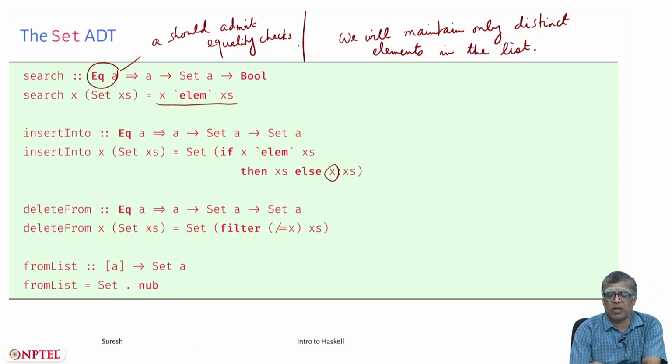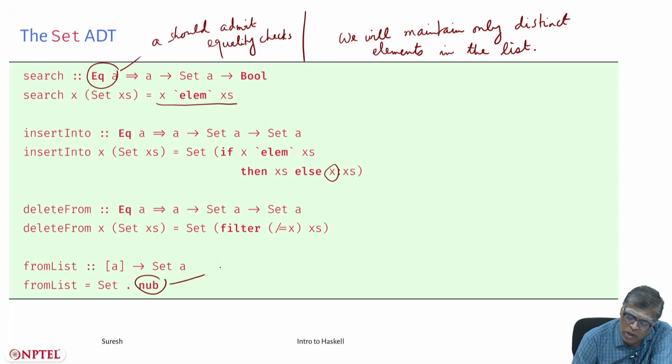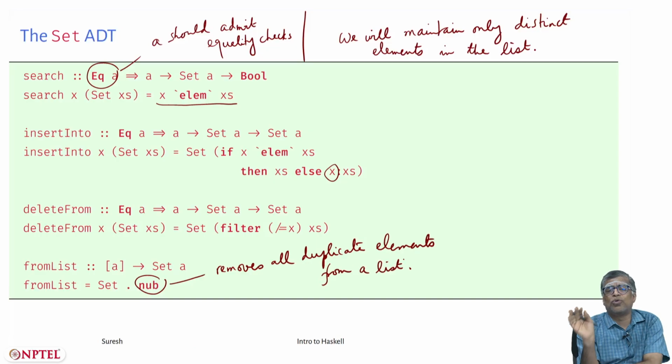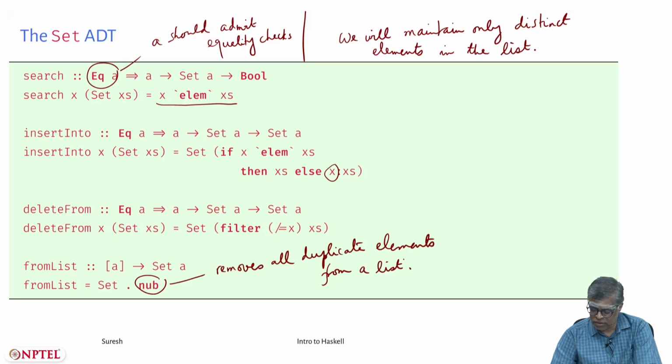Delete from x is nothing but filter not equal to x from xs. All elements not equal to x you retain, and if x is there you throw it away. FromList is just Set applied to nub. Recall that nub removes all duplicates from a list. So you apply nub on a list and then you apply the Set constructor on top of it, and that is what you have for fromList.